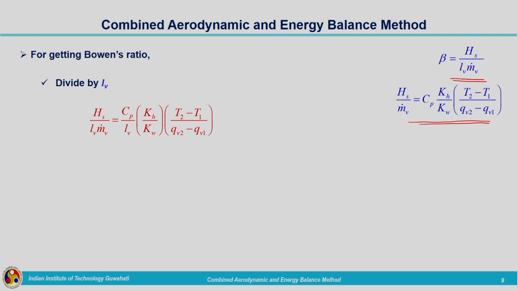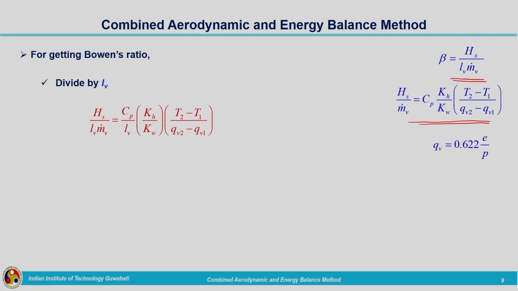So, we get the equation Hs divided by Lv mv dot is equal to Cp divided by Lv, Kh by Kw, T2 minus T1 divided by Qv2 minus Qv1. Here you can see the left hand side represents the Bowen's ratio beta.